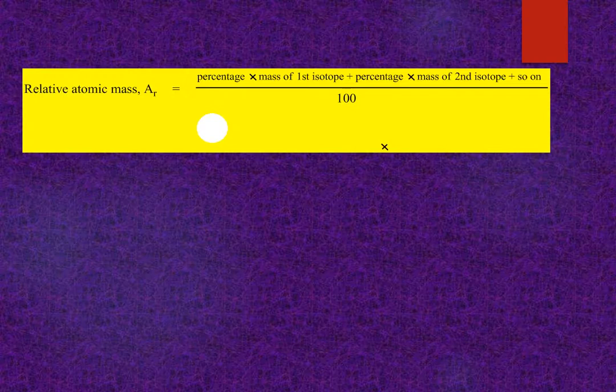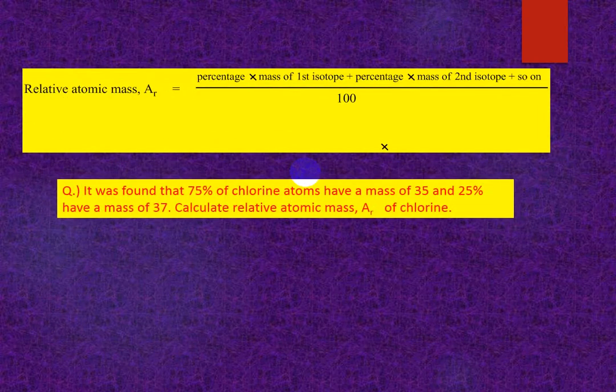If three isotopes with percentages and masses are given, how do you calculate it? Percentage times mass of the first isotope, plus percentage times mass of the second isotope, plus percentage times mass of the third isotope, divided by 100. Good. Now we are going to this question.